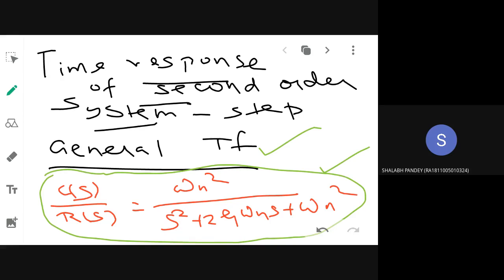See, this equation is very important. With that equation only we will be deriving so many things afterwards. Tell me, what is the general transfer function representation for any second order system?